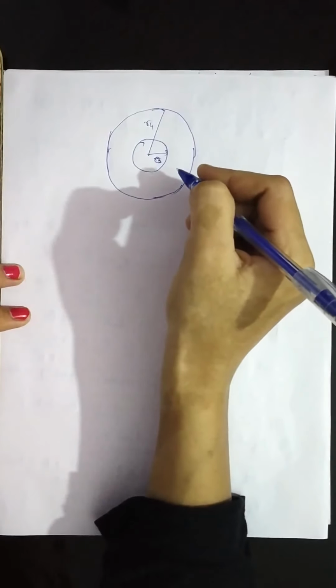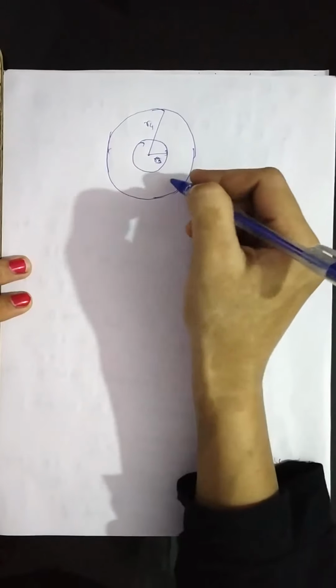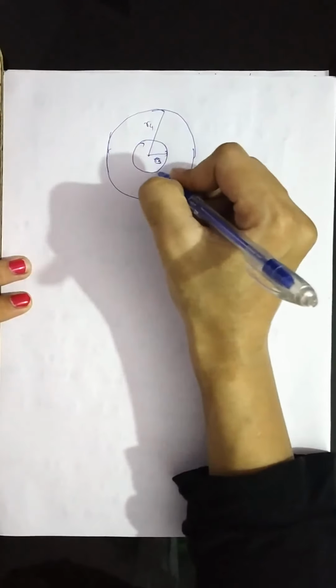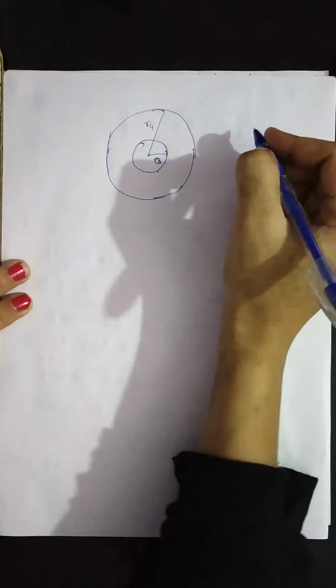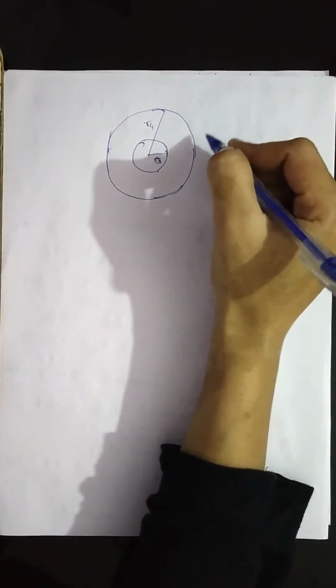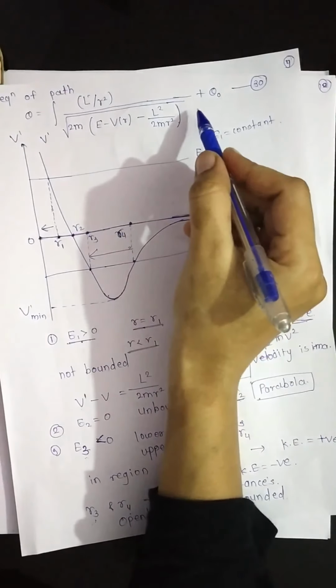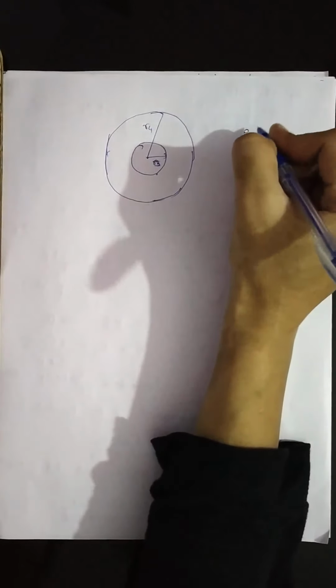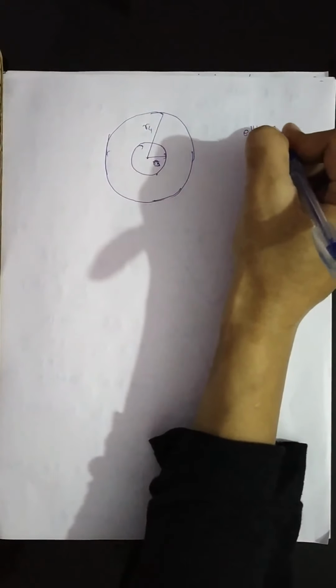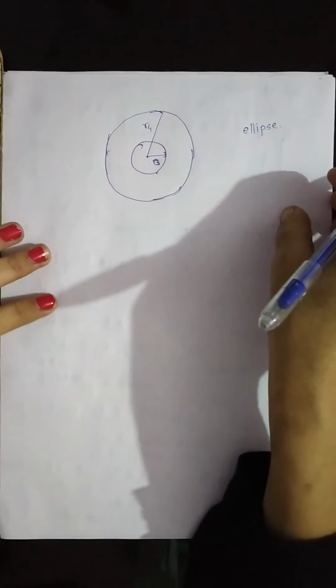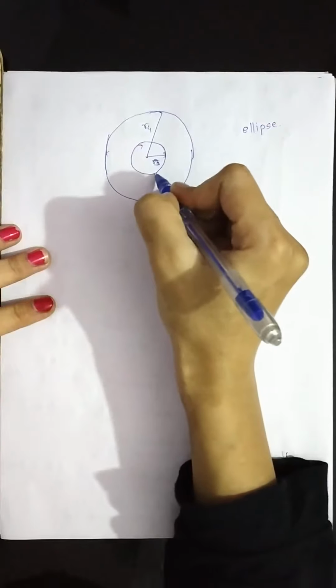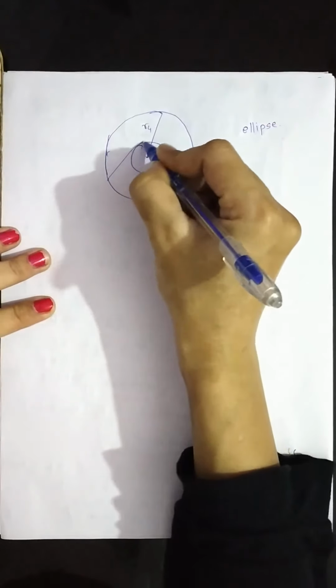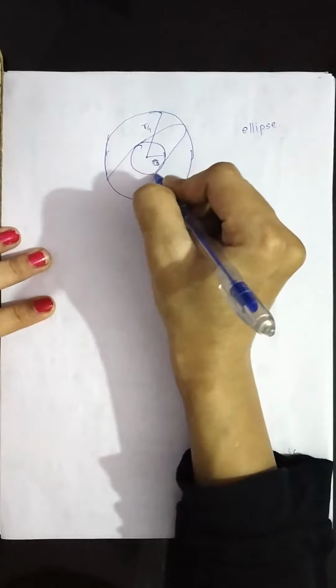Now it is not necessary that the path will be closed or open. If we put our discussion in equation 30, we will get an elliptical orbit. Therefore the path of the orbit is an ellipse. So for the region when our radius is R3, the particle will have a closed elliptical orbit.